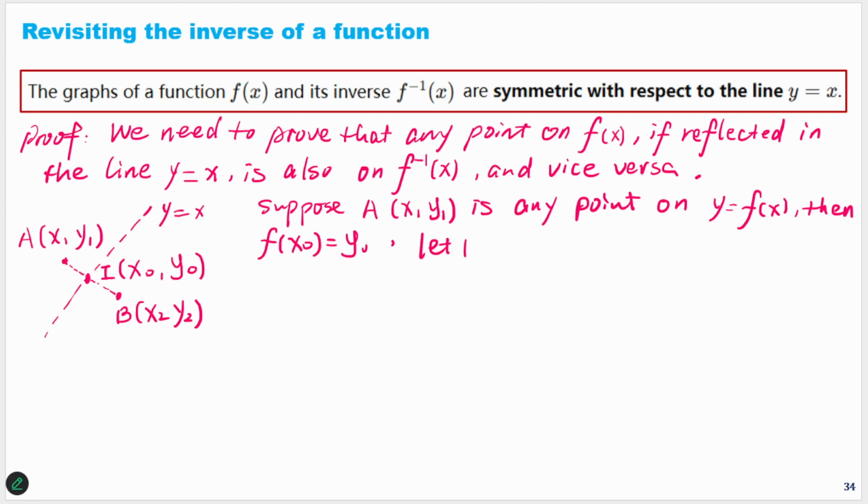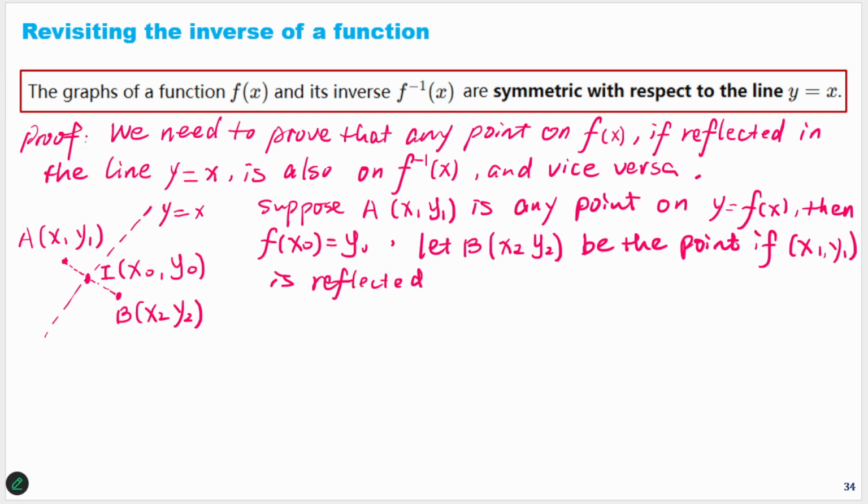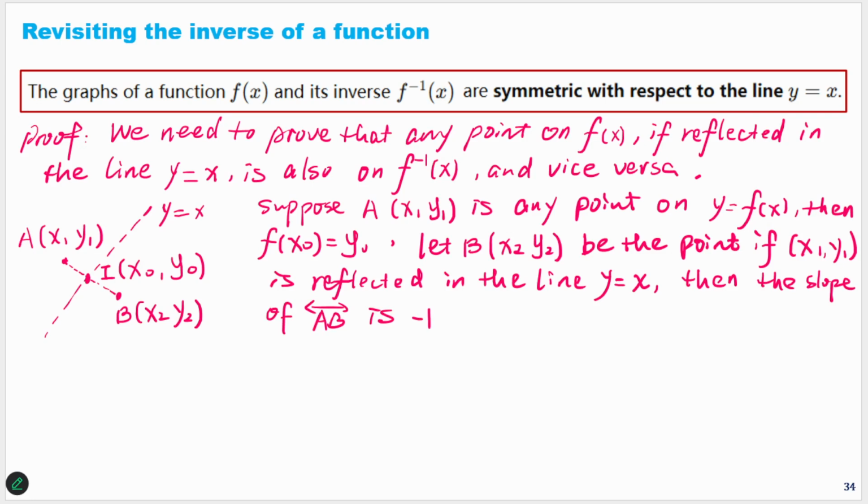Then we let B (x2, y2) be the point if (x1, y1) is reflected in the line y equals x. Then we know the slope of the line AB is actually -1, right?